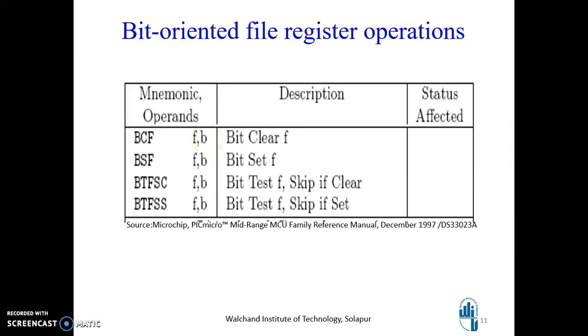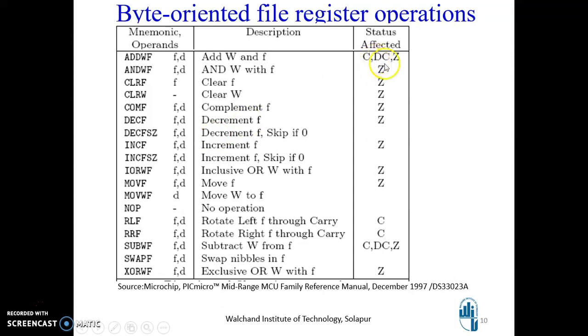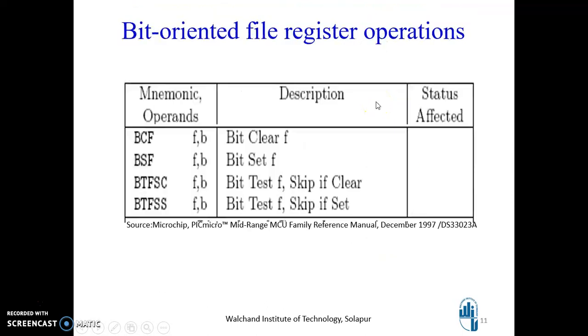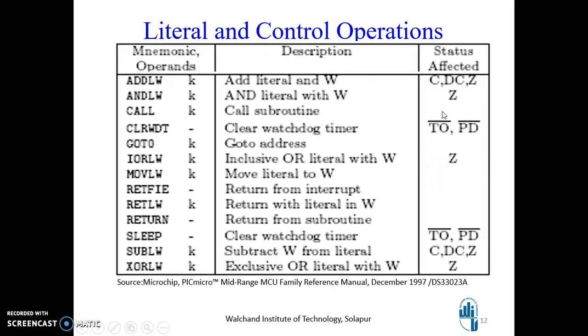In the previous instruction set, which is of the byte oriented kind, you should note that these instructions may affect the flag bits. These are the status register bits which may get affected because of the operations. You'll find that bit oriented instructions do not affect any status bit or flag register bit.